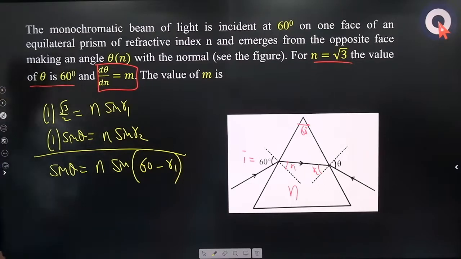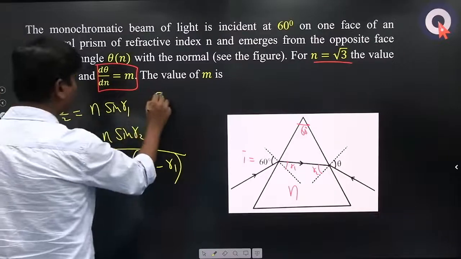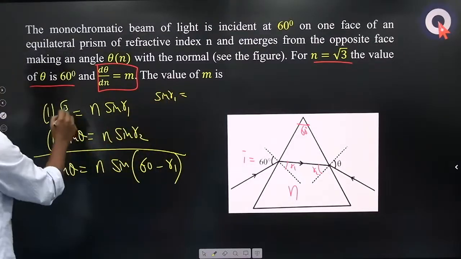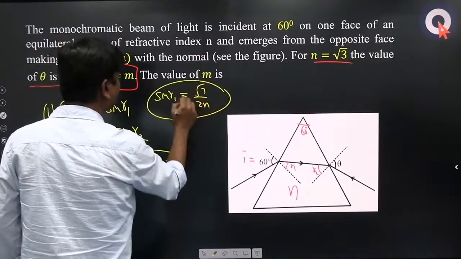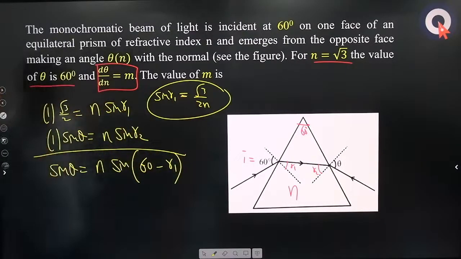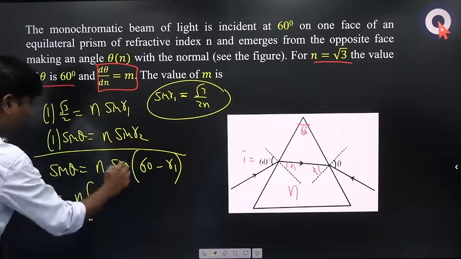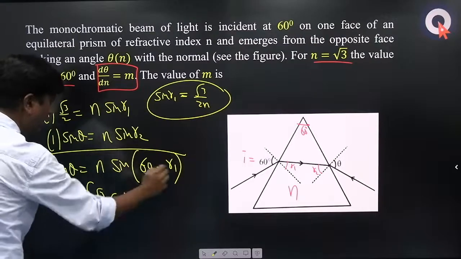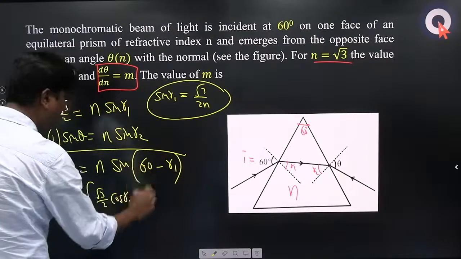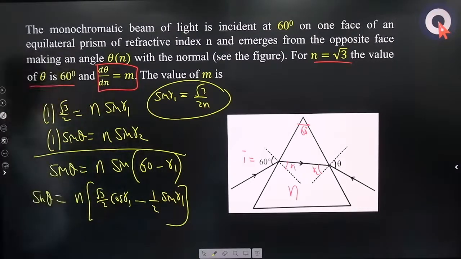So in your sin theta, R1 is also there, and you know what sin R1 is. Sin R1 is how much? Root 3 by 2n, no? Sin R1 is root 3 by 2n. Now what do we do? Sin theta is equal to n into, so this you can write as sin A cos B minus cos A sin B, right?